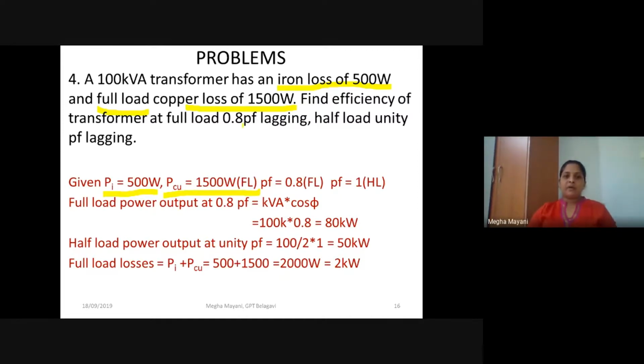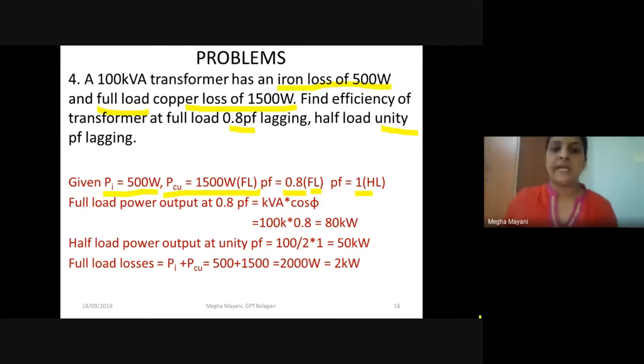If the power factor is 0.8 in full load condition, and at half load condition it is unity, we are asked to find the efficiency in both cases. So the power factor is 0.8 at full load, FL corresponding to full load, and 1 corresponding to half load. Now the full load power output at 0.8 power factor is VA cos phi, that is V2 I2 cos phi.